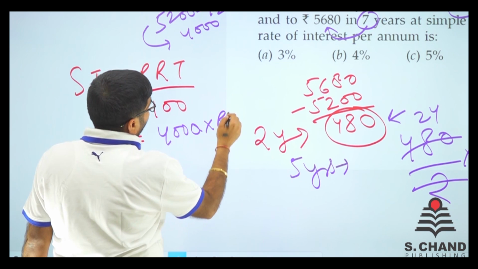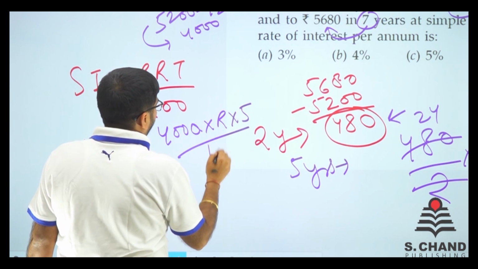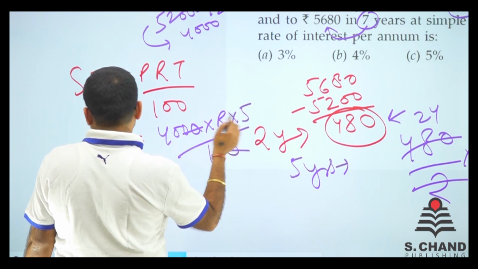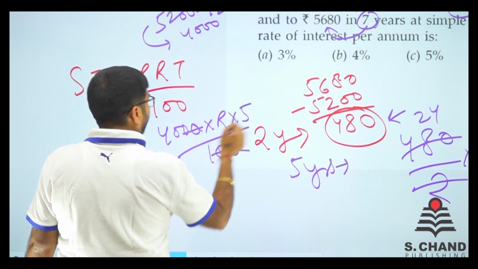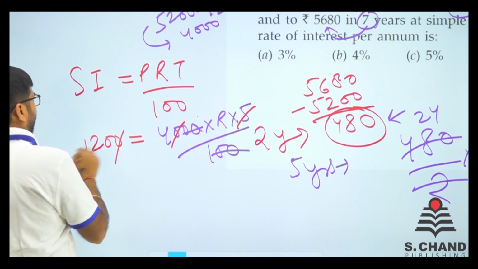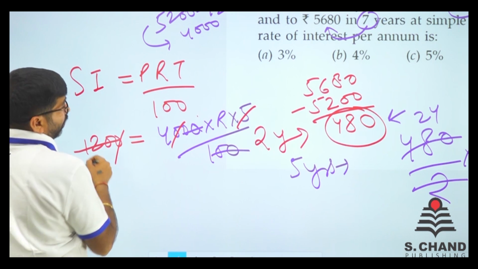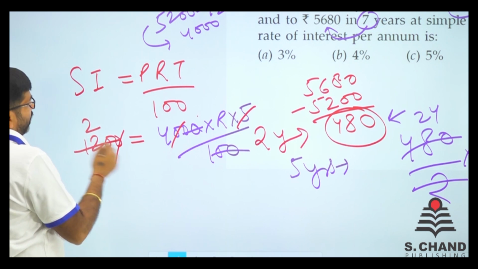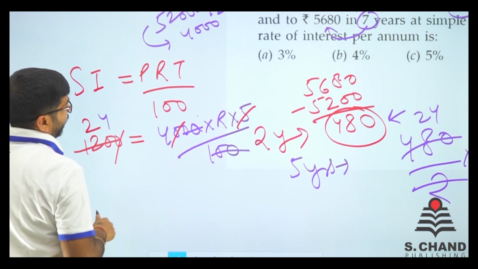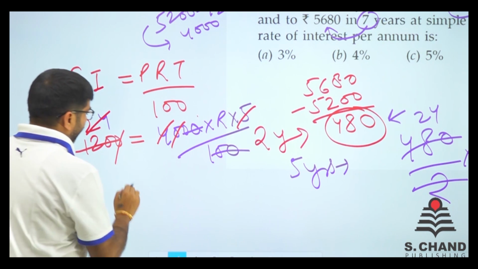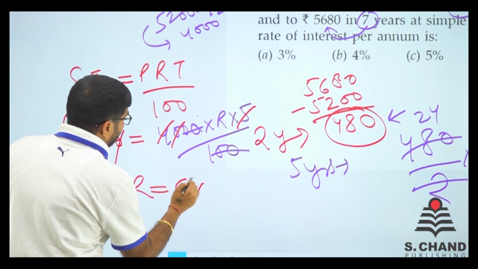Rate of interest needs to be calculated. T is 5 years, by 100. So here we go. Just do this first: 5 into 120, so divide 120 by 5. It is 24. 24 divided by 4 is 6. So rate of interest is 6%.